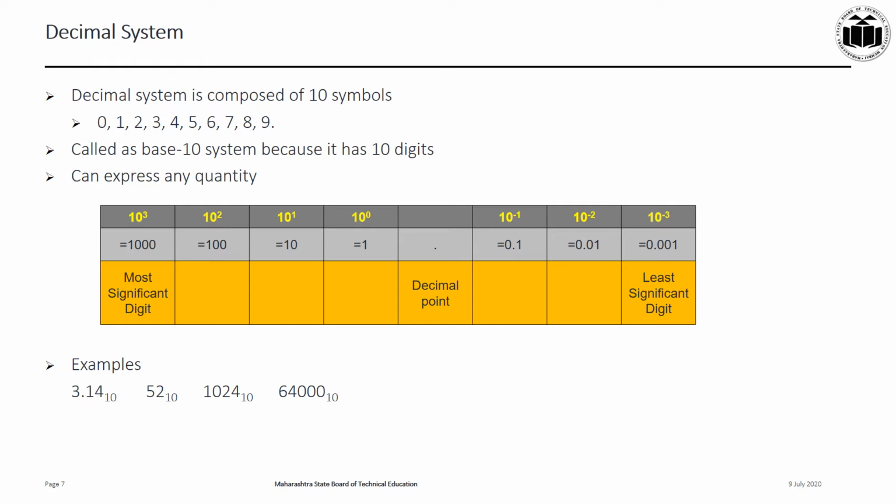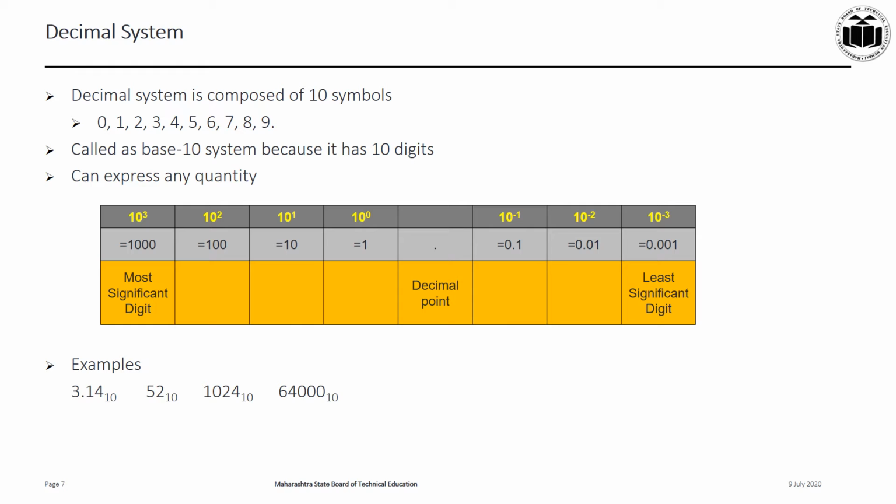Each position has a specific weight which is a power of base 10. The leftmost digit has the highest weight and it is called the most significant digit, whereas the rightmost digit has the lowest weight and it is called the least significant digit. Again, you can see this in the table.